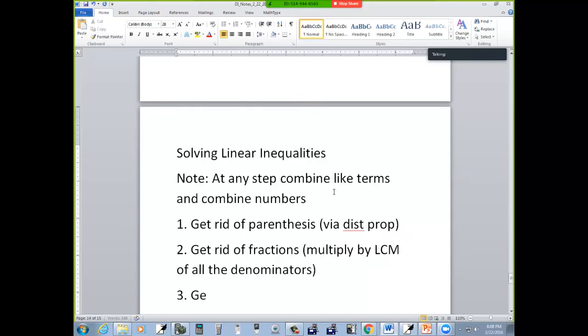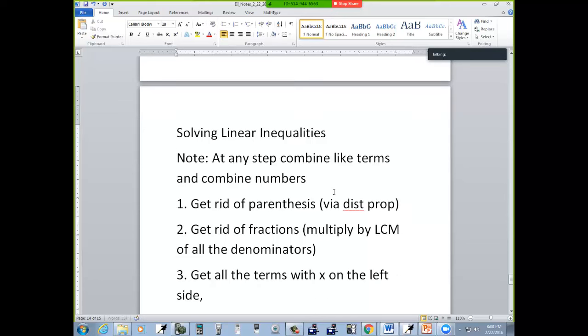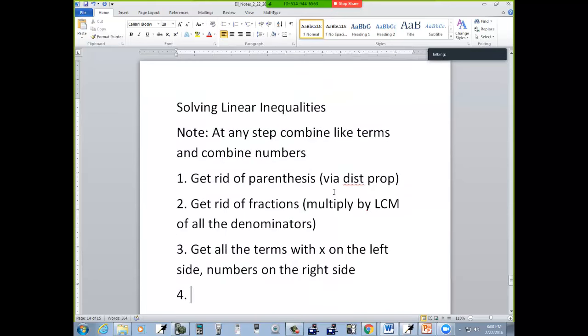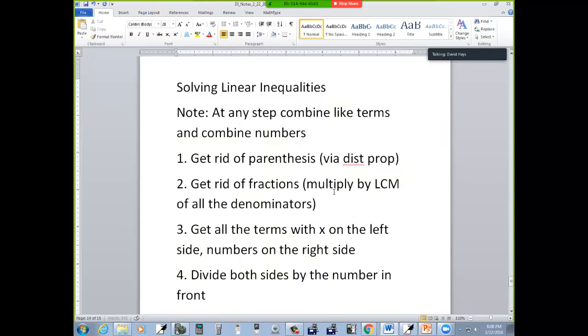Step 3 is we'll get all the terms with x on the left side, numbers, constant terms, on the right side. Step 4, we'll divide both sides by the number in front of the x, the coefficient.